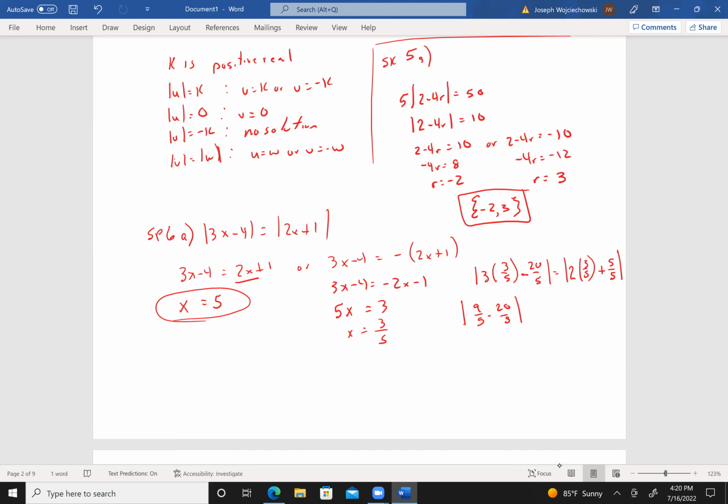Absolute value equals absolute value of 6/5 plus 5/5. So here I have the absolute value of negative 11/5, and here I have the absolute value of 11/5, which are the same. So my solution set again is 5 and 3/5.